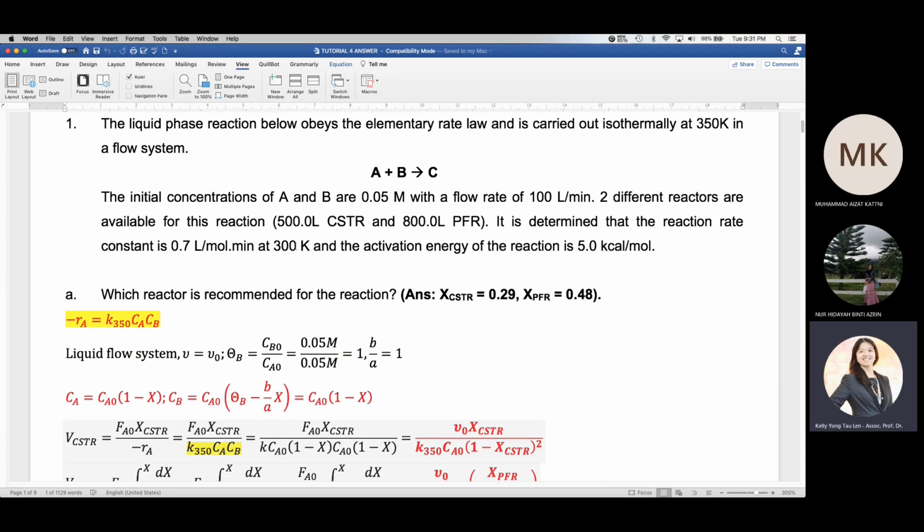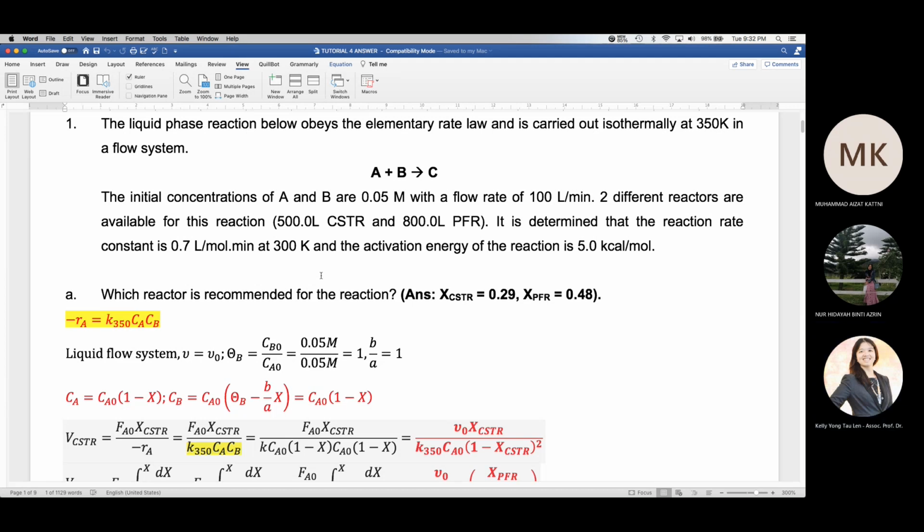So, kamu boleh guna juga K at 300 Kelvin to find K at 280 pun boleh. Or, you can also use K at 350 yang kamu kira tadi yang baru tu untuk mendapatkan K at 280. Meaning, salah satu kombinasi kamu guna pun tak apa. You will still get the same value of K at 280.